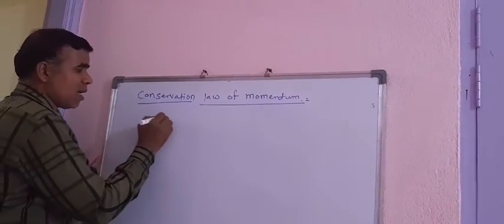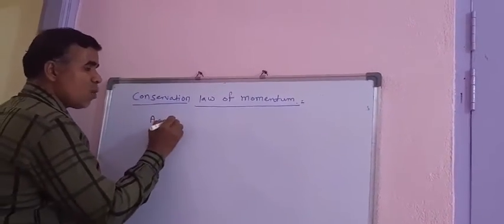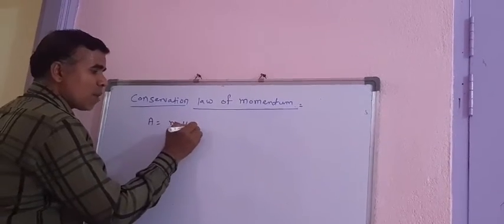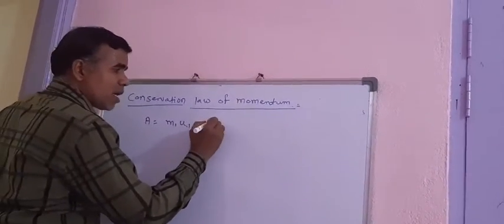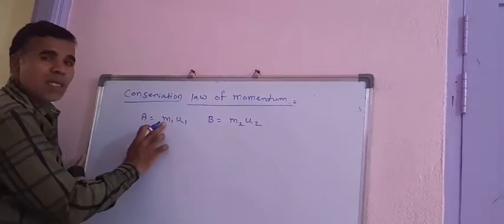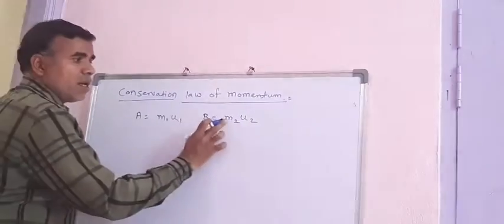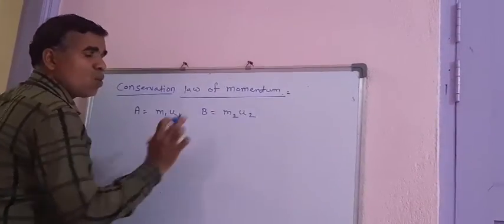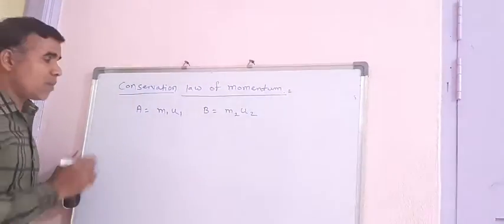Let the initial momentum of object A be m1 u1, and the initial momentum of object B be m2 u2. Here m is the mass of the object, and u1 and u2 are the initial velocities.